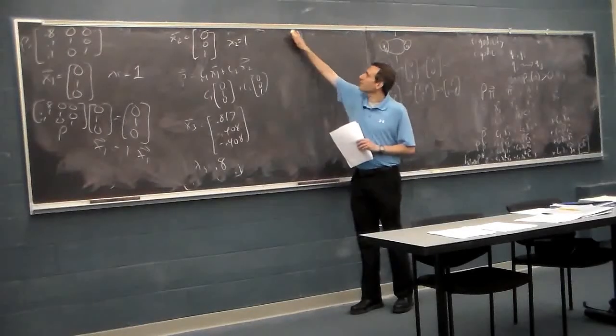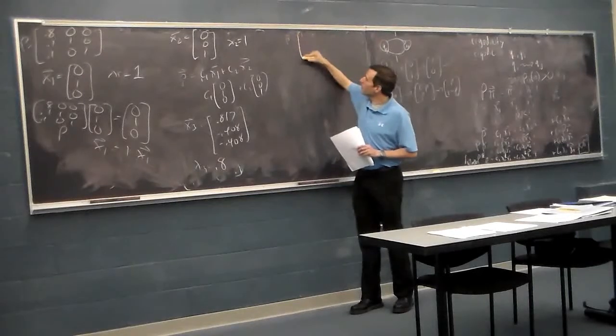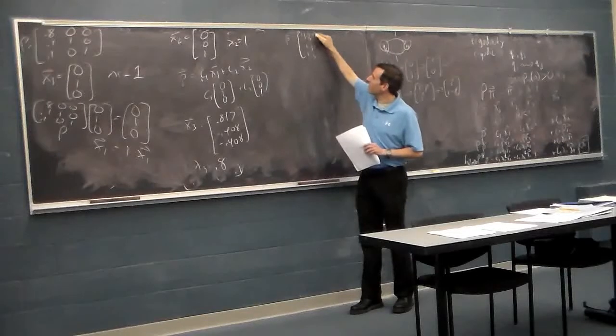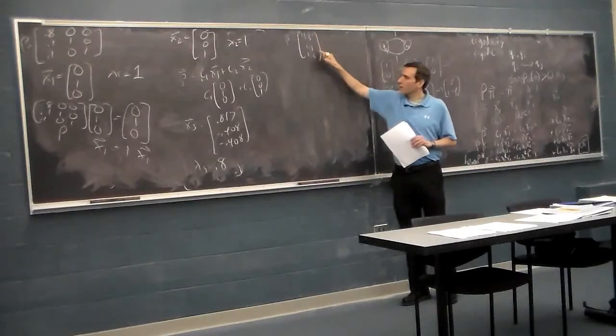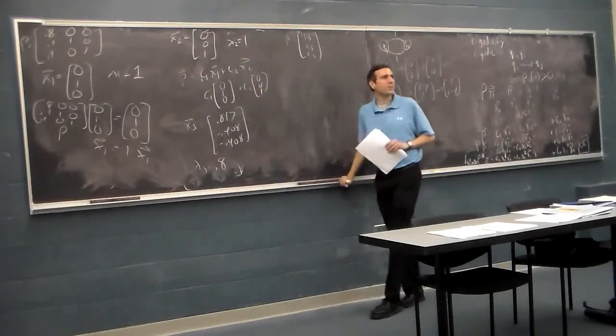So if our initial starting vector had been, let's say, P equals, I don't know, let's say it started with equal probability in each state, then what you would want to do is figure out how to explain 1/3, 1/3, 1/3 as a linear combination of these three different vectors here.